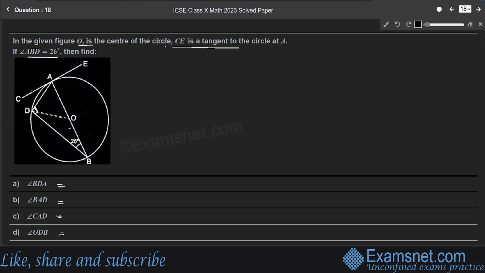An angle made in a semicircle is always a right angle. Therefore, first one, angle BDA is equal to 90 degrees because it is an angle made in a semicircle.